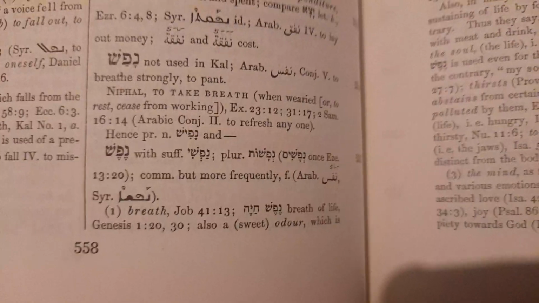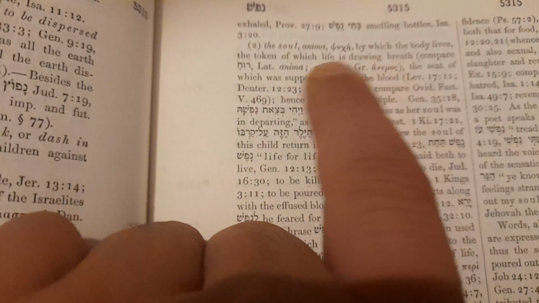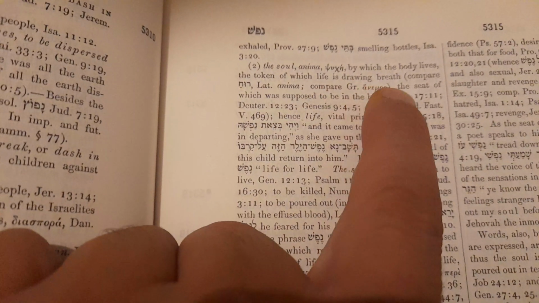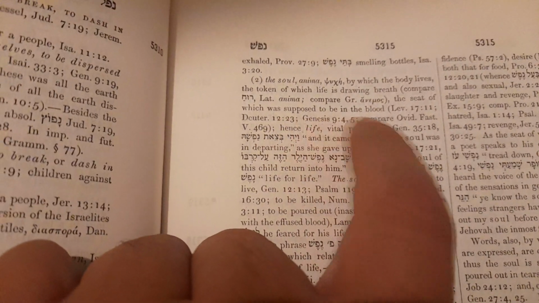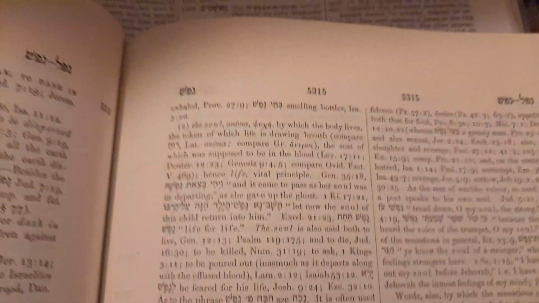Breathe, breath of life. The soul, by which the body lives. The token of which life is drawing breath, the seat of which is supposed to be in the blood. Leviticus chapter 17 and verse 11.